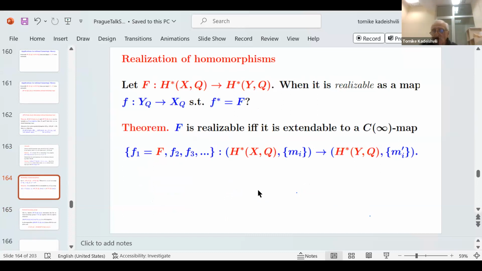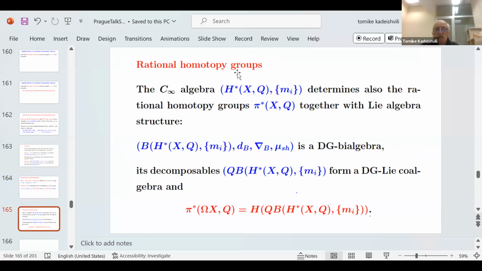When we have in our hand a complete invariant, we can speak about when an algebraic homomorphism between cohomologies is realizable as a continuous map: when it is extendable as a C-infinity morphism. And we can also calculate rational homotopy groups.